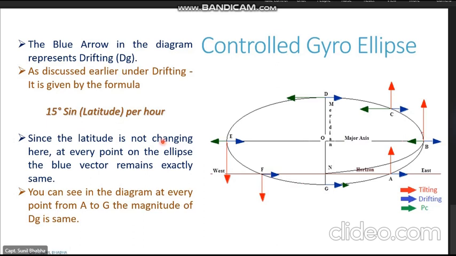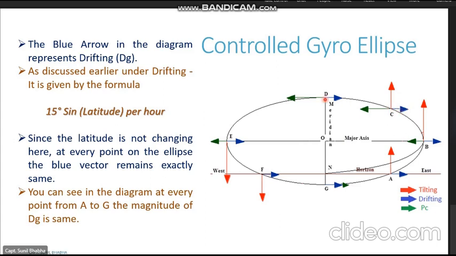This is the reason if you take your attention to any point, you have a look at point A, you can see the blue color drifting arrow. You take your attention to point B, you can see the blue color drifting arrow, and you will see that the drifting arrow remains exactly the same. Same magnitude, same direction. You go to point C, the drifting arrow is exactly in the same direction and the same magnitude.